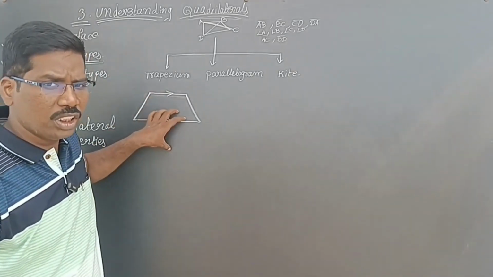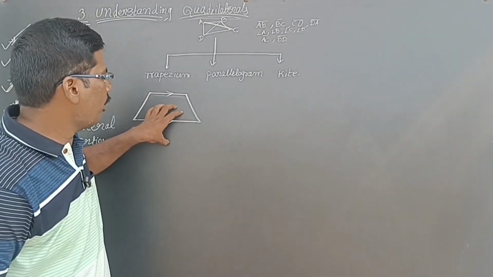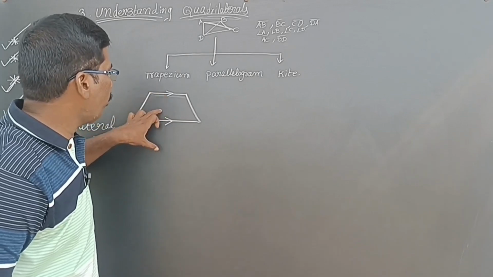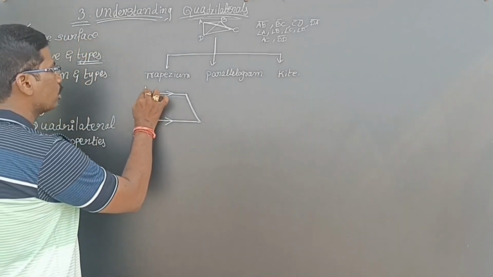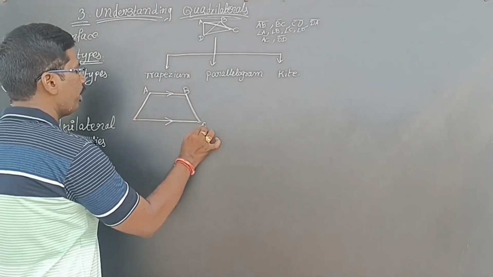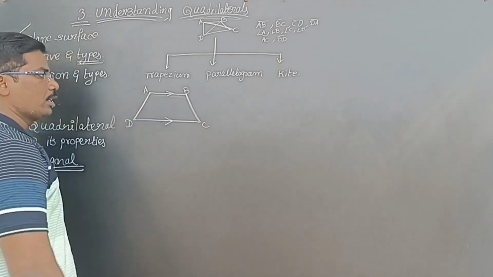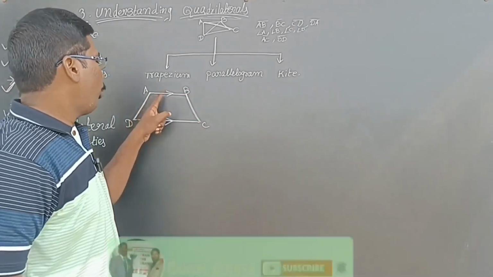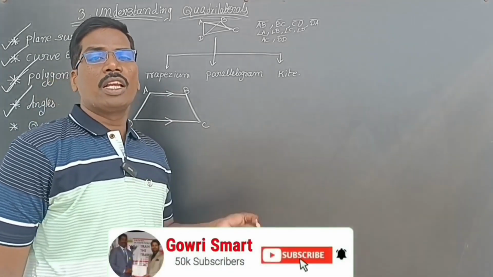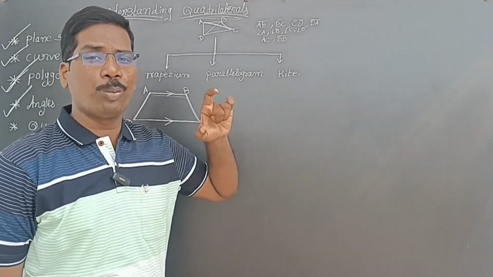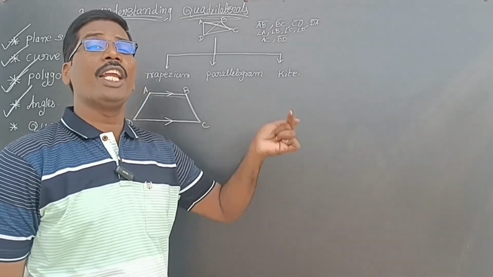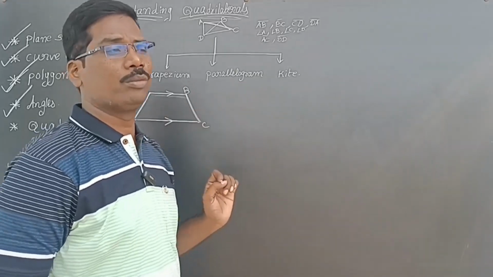This is a quadrilateral because it is having four sides. In these four sides, one pair of opposite sides are parallel. So that is why it is called a trapezium. So A, B, C, D. If one pair of opposite sides are parallel in a quadrilateral, then that is called a trapezium.